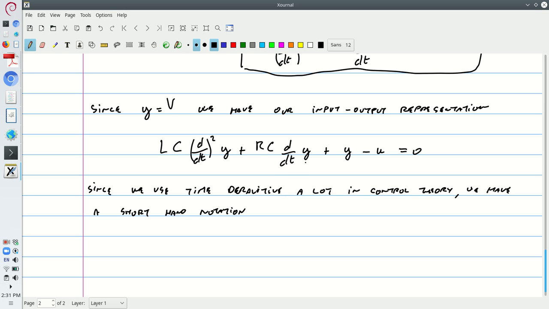When we want to take the time derivative of a variable, for example y, instead of writing the time derivative, we just put a dot on top of the variable, and that means that we are taking the derivative with respect to time.